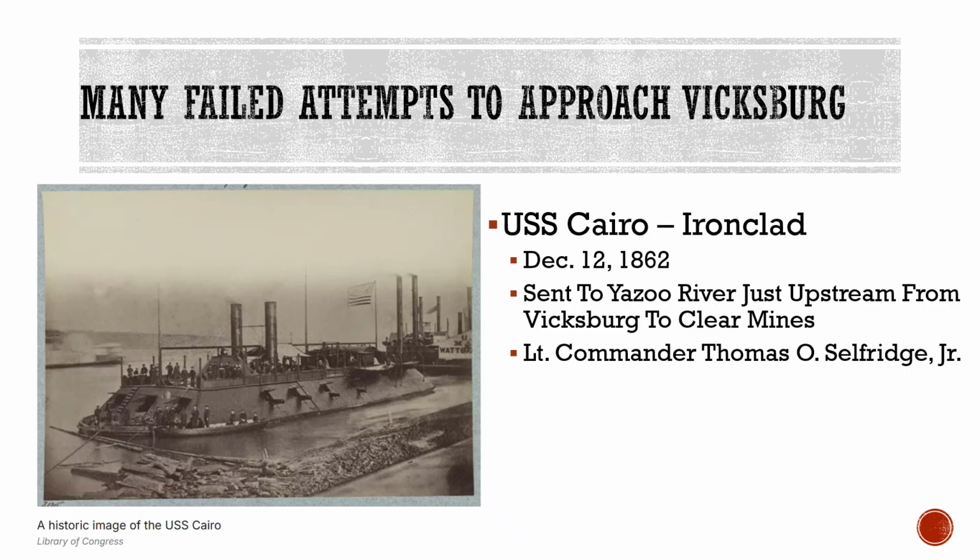The Carroll was commanded by Thomas O. Selfridge Jr. Unfortunately, it cleared mines the hard way by hitting one. The ship was then brought to shore. It was beached, but eventually did slide back in the river and was sunk.